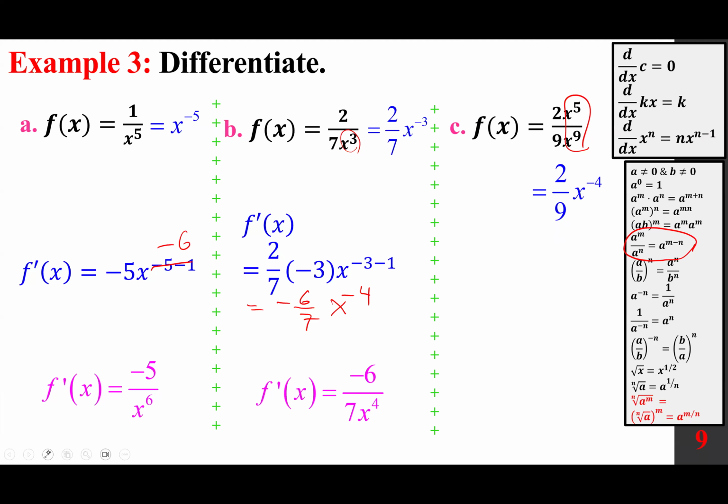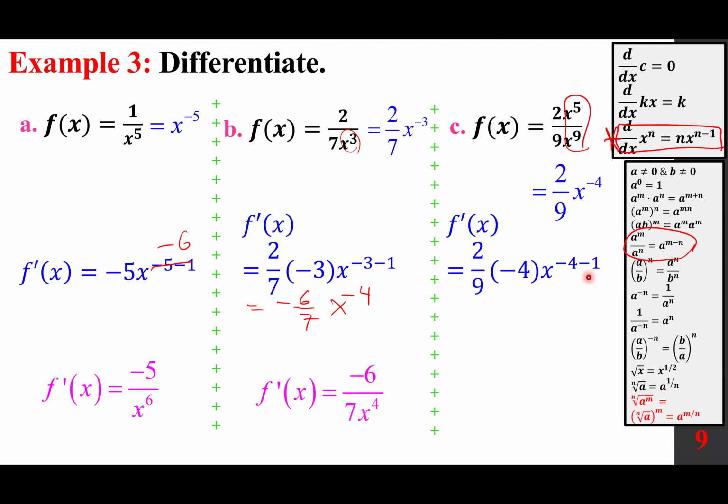So now we are using the power rule on that, as we did in the previous examples. So what is f prime of x is 2 over 9 times -4 x to the power of -4 minus 1. 2 over 9 times the exponent -4 x to the power of the same exponent minus 1.